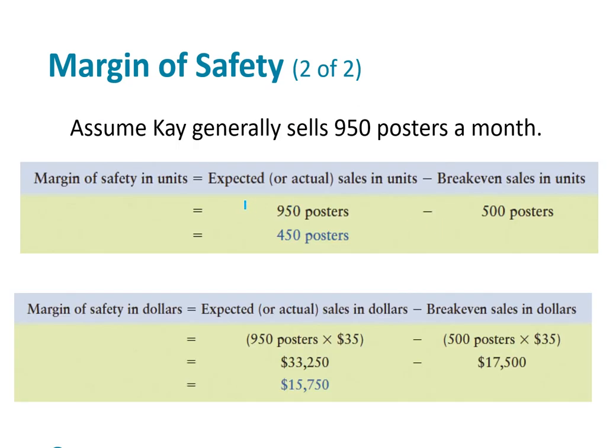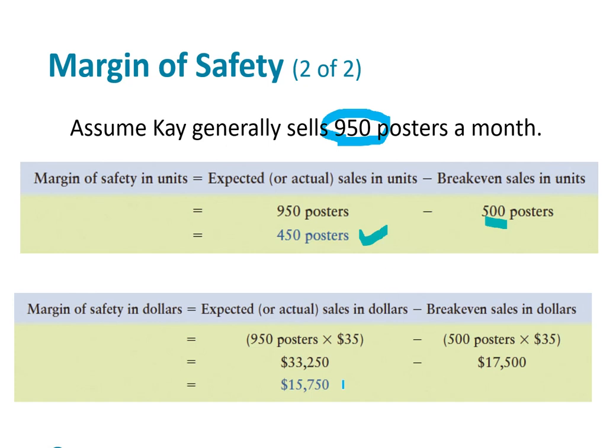For Kay, she's expected to sell 950 posters. The break even is 500 posters, so her margin of safety is 450 posters. The calculation is relatively easy. It's understanding what it means, which is a little bit more difficult.